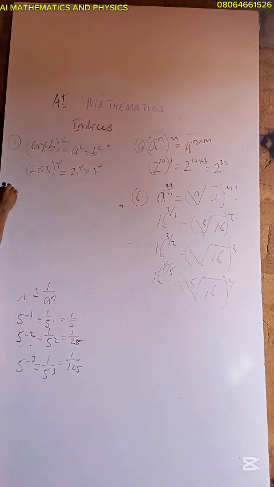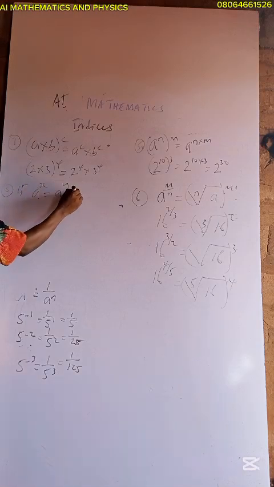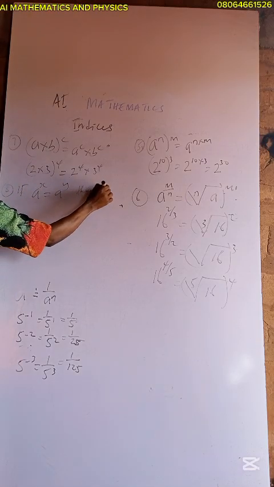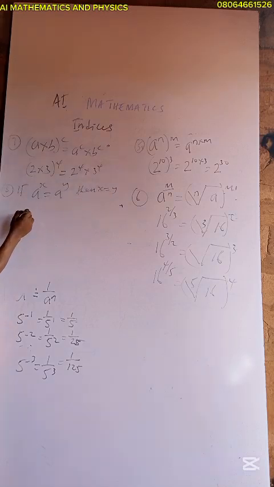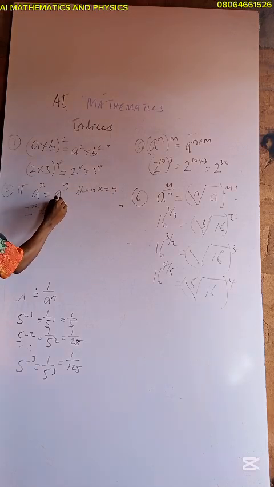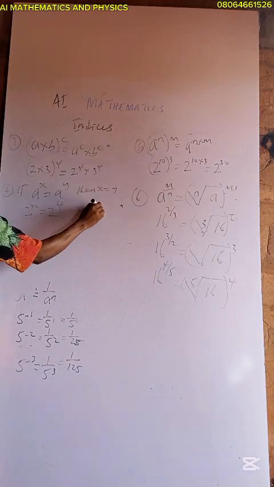Another one, if A raised power X equal to A raised power Y, then X is equal to Y. Then if 2 raised power X equal to 2 raised power 4, X is equal to 4.